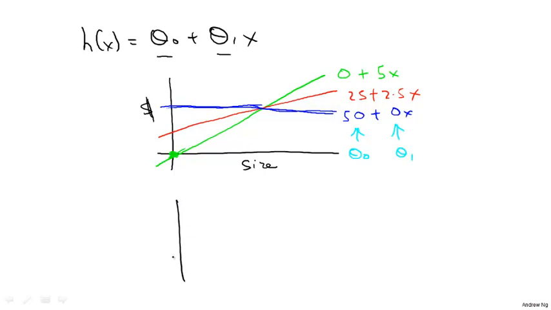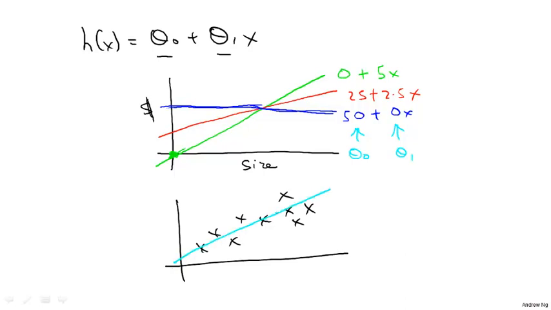So the goal of linear regression is, when you have a training set like so, to choose the parameters that correspond to a straight line fit to the data that minimizes the squared error, or that gives a reasonable fit to the data.